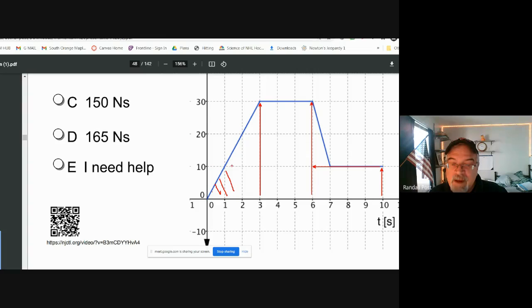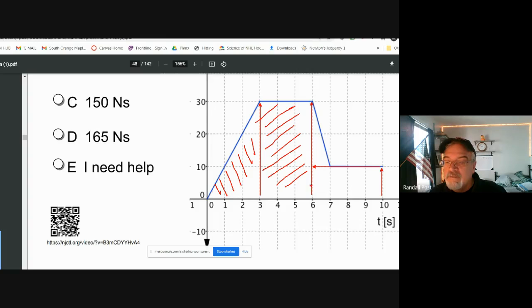You have the area of this triangle here, this rectangle here, a rectangle over here, and a triangle here.